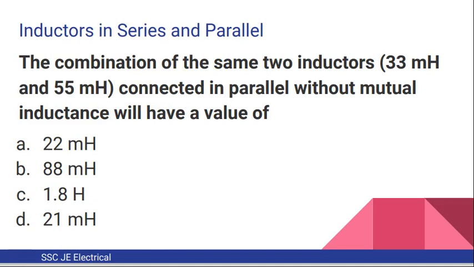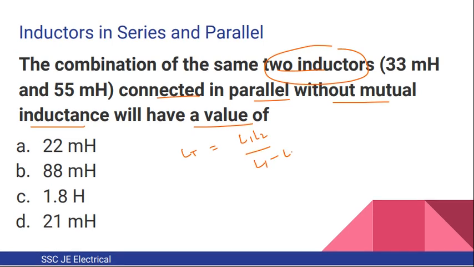The combination of two same inductors connected in parallel without mutual inductance will have the value. Here parallel is given. So in parallel, the inductor formula is LT equals L1 L2 by L1 plus L2.